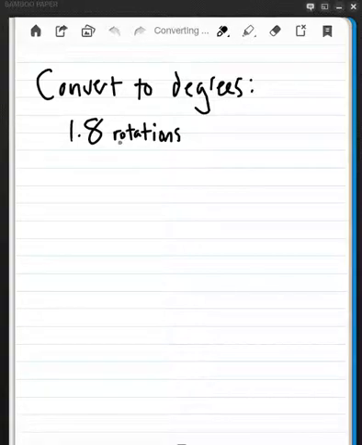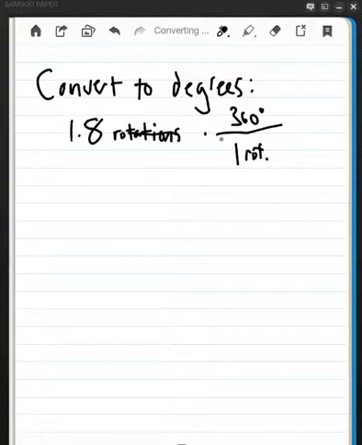Alrighty. Alright, let's do one that's a little bit more difficult. So convert 1.8 rotations into degrees. To do that, again, we need to replace the rotation unit with degrees. So we're going to start off with rotations in the denominator. The conversion between rotation and degrees is that 1 rotation is equal to 360 degrees. So notice that the rotation units reduce, and now it's replaced by a degree sign.